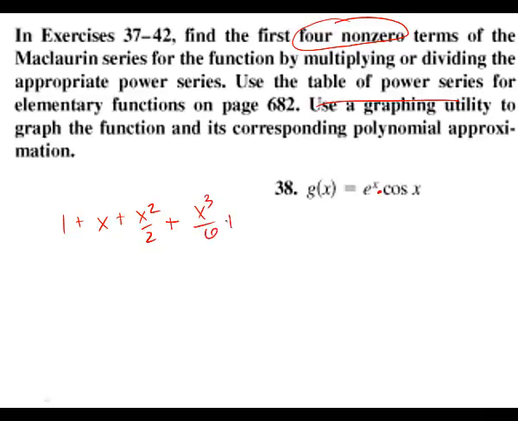Yep. And then let's go one more, x to the 4th over 24. There's actually a typo in the answer book. They went to a 4th power instead of a cube. So plus dot dot dot, right?